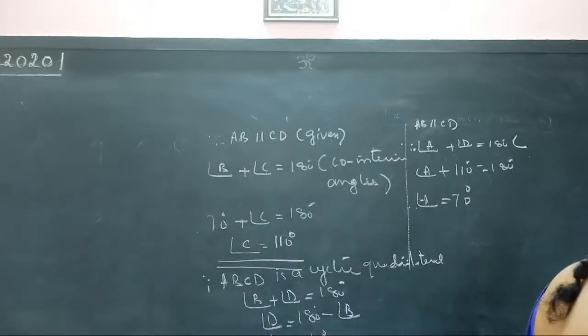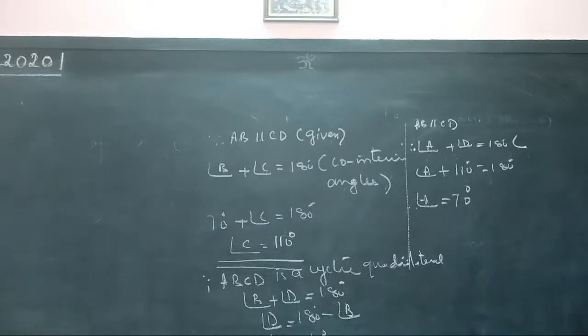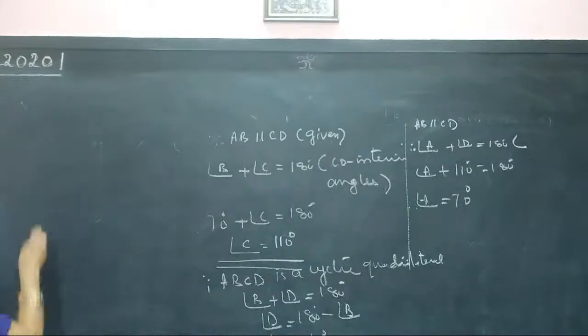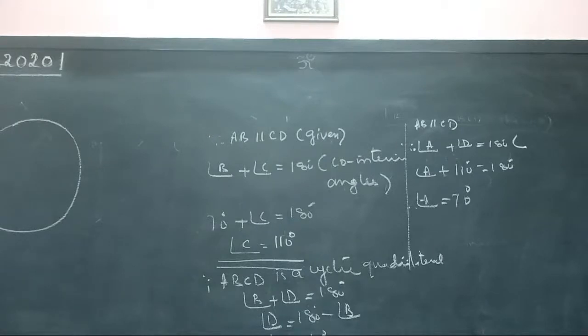Get the figure. This is the figure, it is given. O is the center of the circle. Angle DAB is 50 degrees.